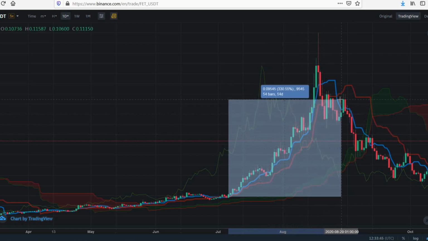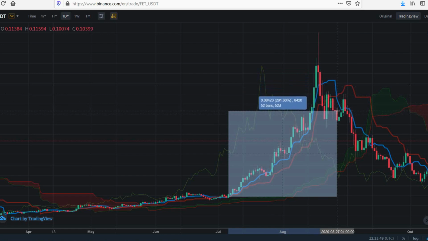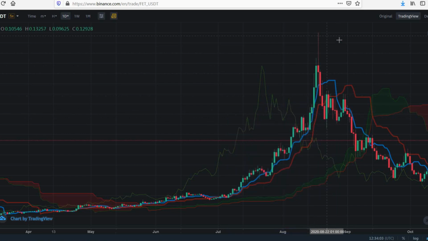We could have also used this, which is the Ichimoku cloud conversion baseline cross, which crossed when the price action was between here and here, which gave us a similar read basically. So they're both accurate in telling us that the trend is coming to an end. Now obviously it hasn't spotted a top, has it? But that's not what it's for.